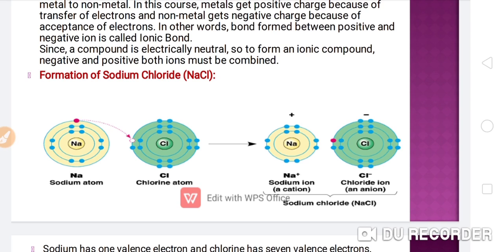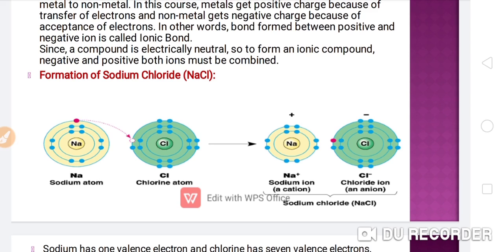In the case of chlorine, its first shell has 2 electrons, the second shell 8 electrons, and the last shell has 7 electrons. So it needs one electron to complete its octet. So sodium will provide its electron to chlorine to complete chlorine's octet.